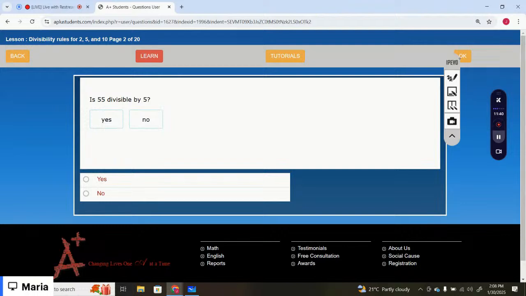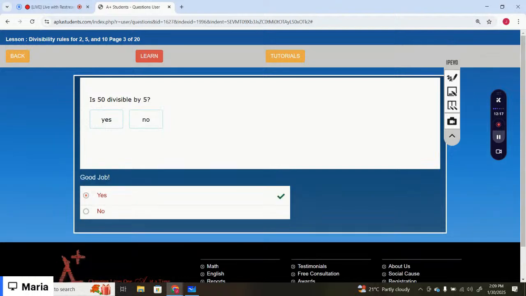The ones digit is 5 here, so yes, 55 is divisible by 5. Is 50 divisible by 5? Yes, it is. The ones digit is 0, so 50 is divisible by 5.